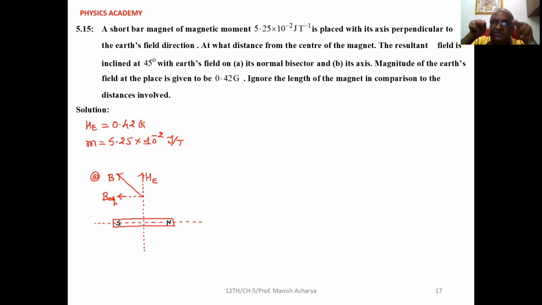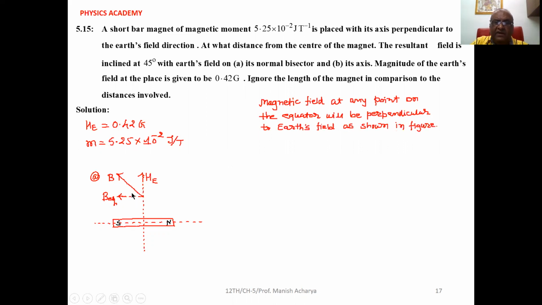This B is at 45° with the Earth field. Now, if magnetic field B is exactly at 45° with He, then it is possible only when He and B equatorial both become equal.